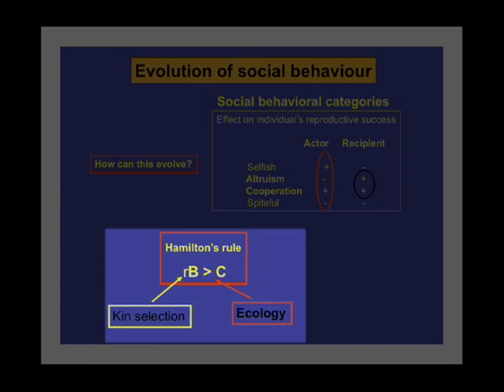I want simply to remind people that you also have in this equation the benefit and the costs of the behavior that is performed, and that is actually strongly influenced by the ecological conditions under which the behavior is observed. And that's obviously where I'm going to concentrate the rest of my talk.